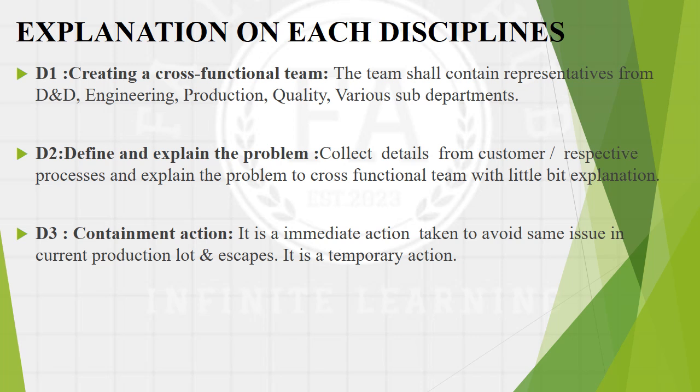So we have to do a positive recall from the customer if the issue is serious, and we can verify whether this defect is present on dispatched items. Whatever items we have dispatched, we can recall the item and verify whether a similar issue is present on dispatched items or not. So this is what the first three steps or first three disciplines are.